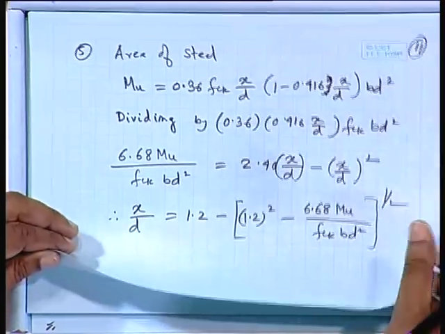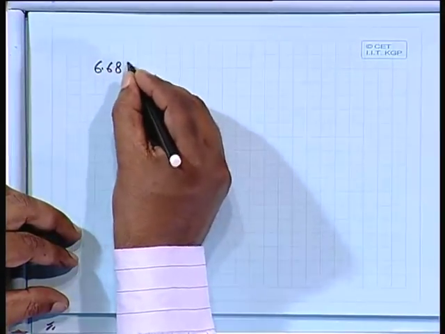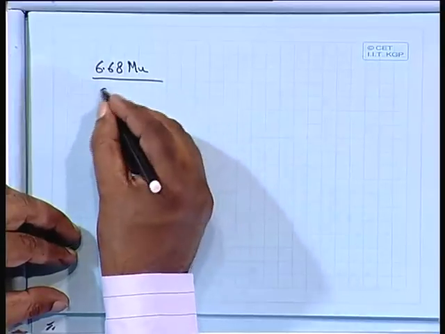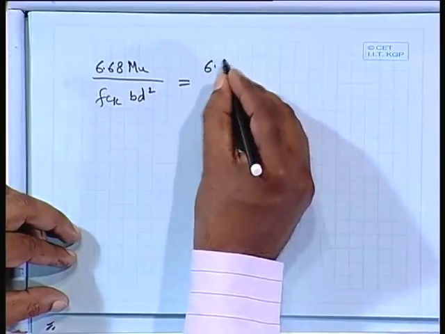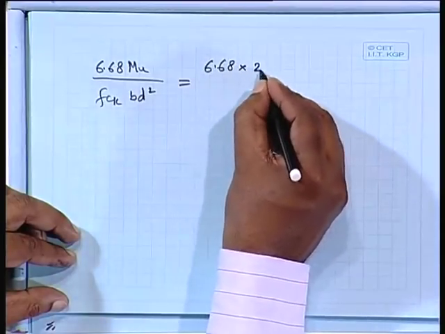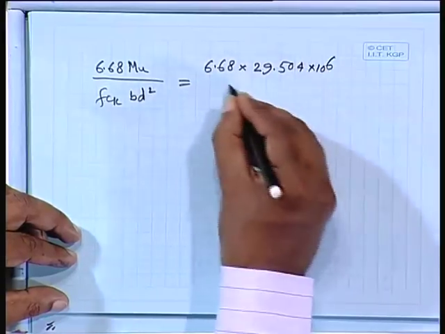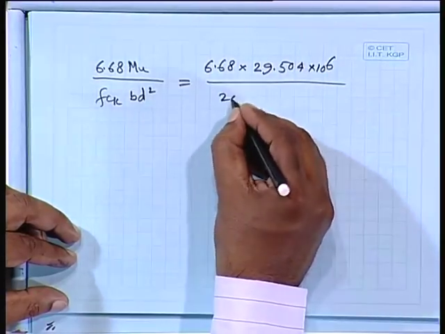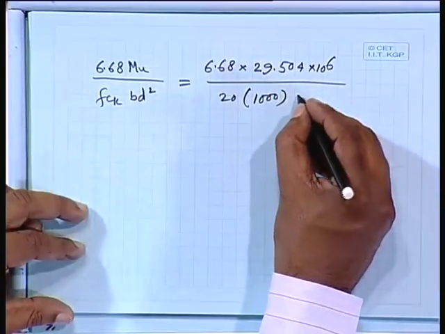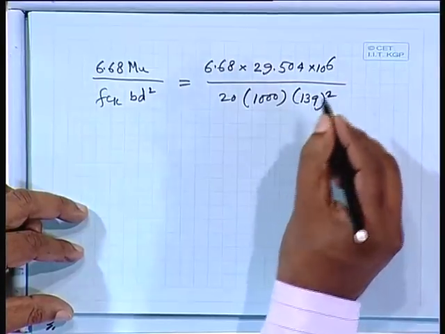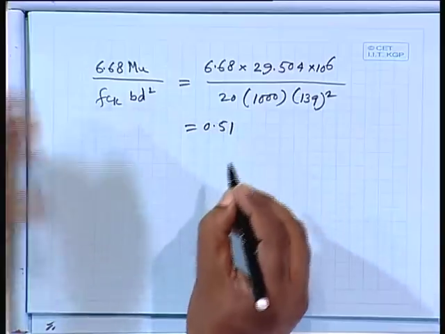So let us calculate x by d. 6.68 Mu by fck b d square equals 6.68 times 29.504, that is the moment, times 10 to the power 6, divided by 20 times 1000, that is the width, meter width, times the effective depth of the slab, which comes as 0.51.